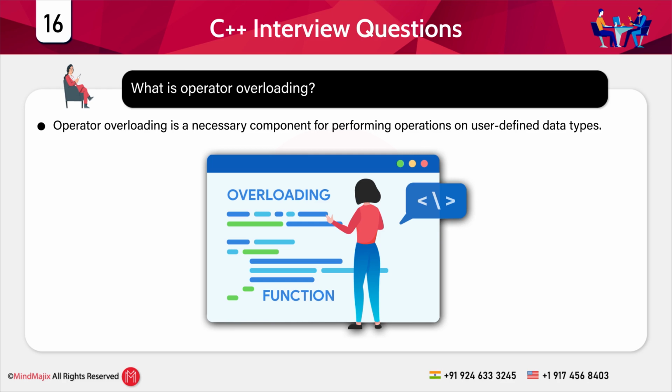If you talk about the addition operator, it is an arithmetic operator. If you use the addition operator with integers, it will give you the addition of those integers. Whereas if you use the addition operator with strings, you can use it for concatenation. So a single operator can have multiple meanings under different situations.